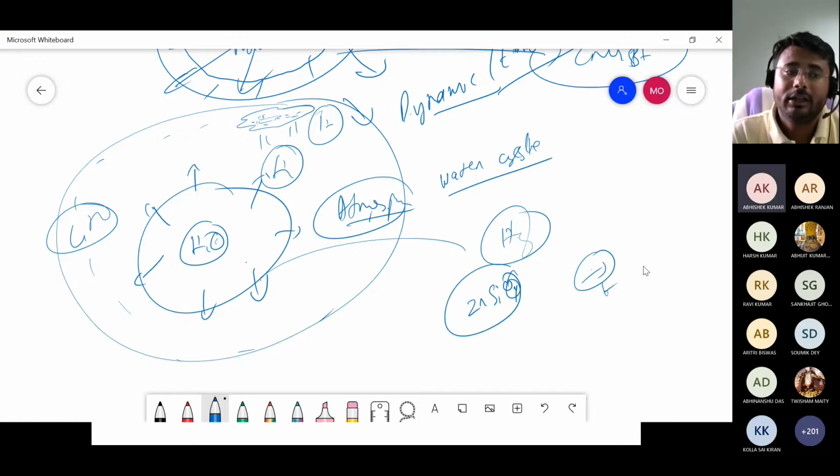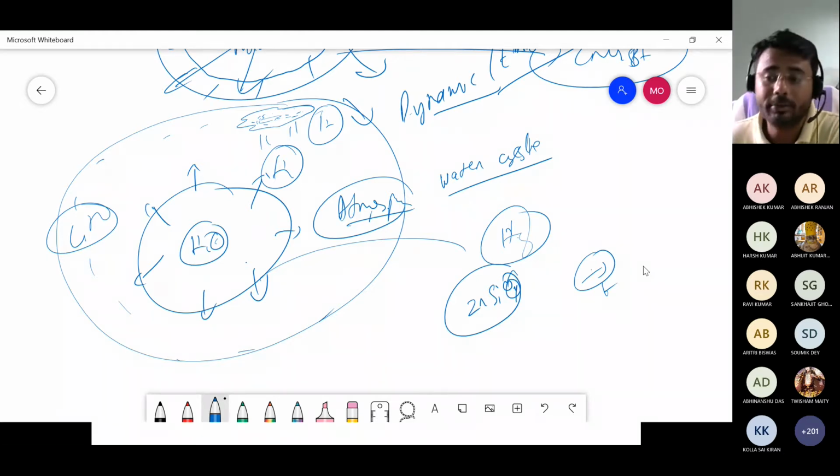Similarly, the ocean water composition we have now was not the same in the initial time. It evolved. It was very acidic earlier. You cannot even touch the ocean water. Now you can play around.